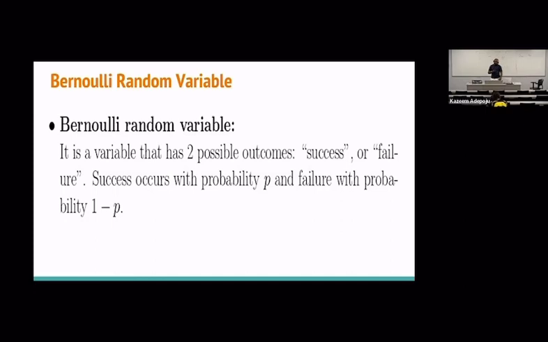Bernoulli is a probability distribution used to model a trial that has two possible outcomes, just two: success or failure. The probability of success is going to be denoted as P, and the probability of failure is going to be denoted as 1 minus P, because success and failure are mutually exclusive.